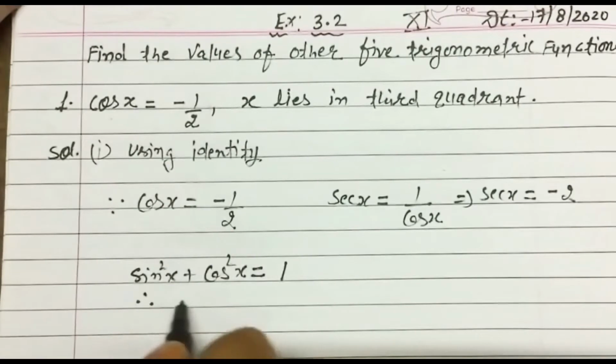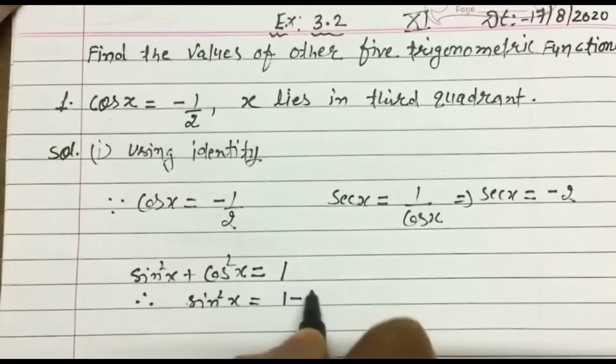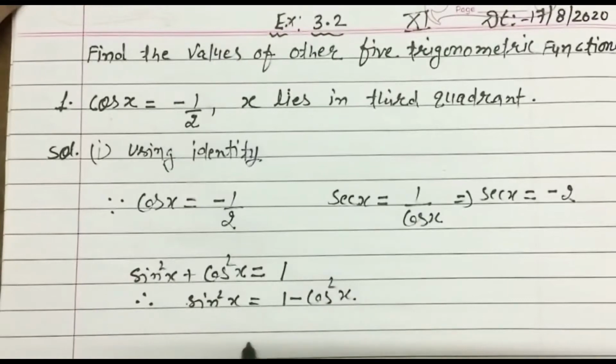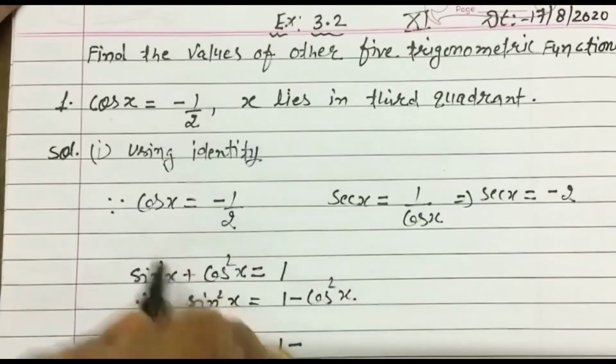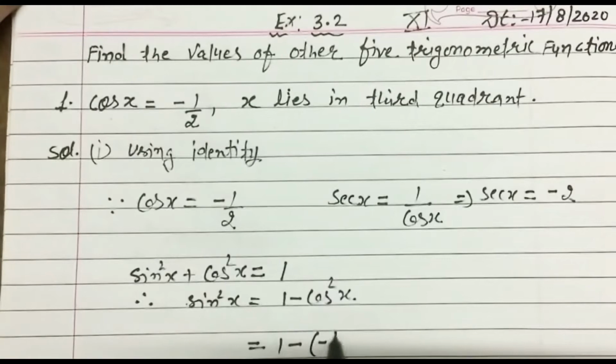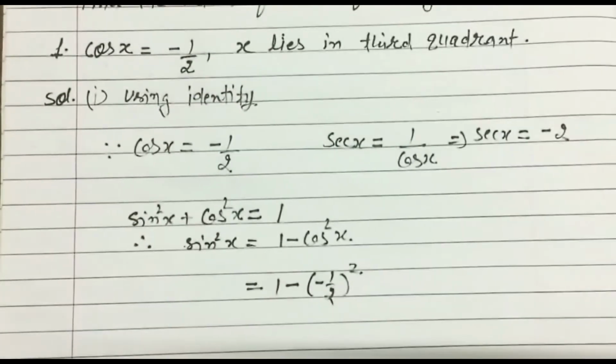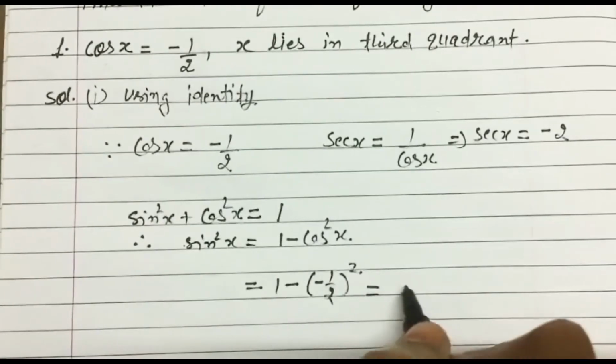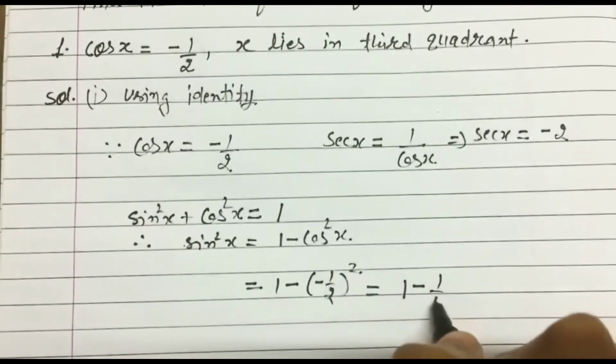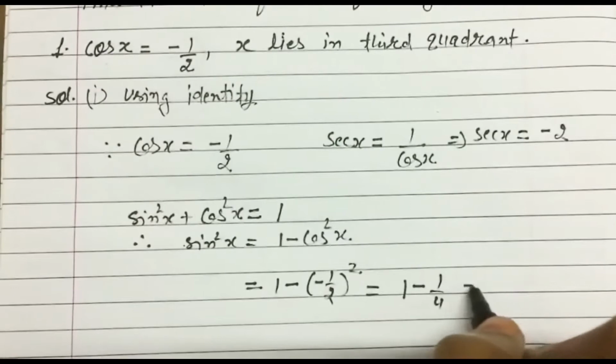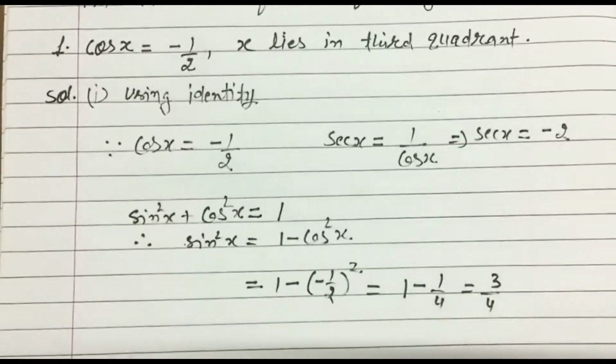So sin square x is equal to 1 minus cos square x. Here substitute the value of cos x. It's minus 1 by 2 square, and you will get 1 minus 1 by 4. So it's 3 by 4.